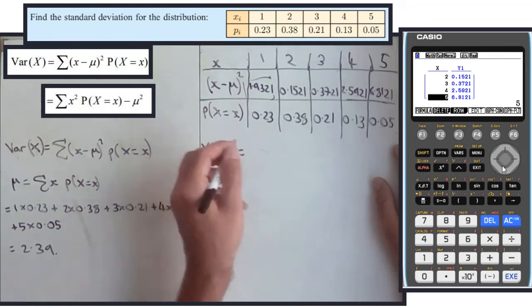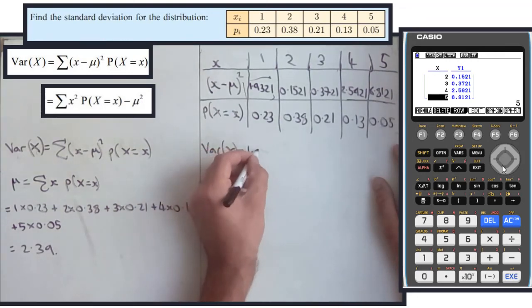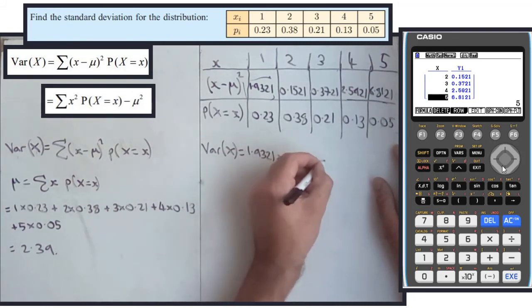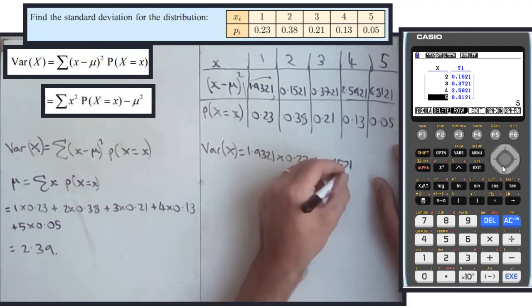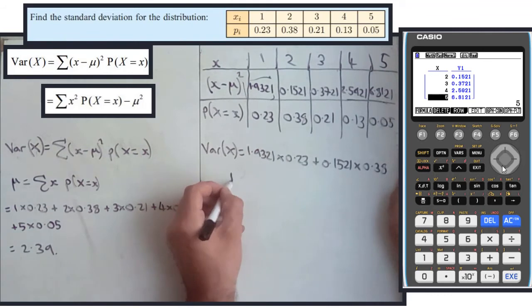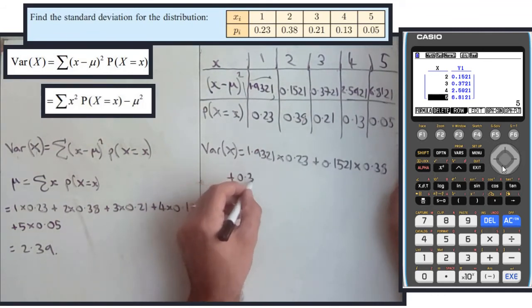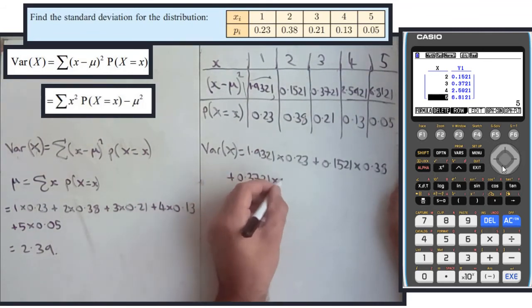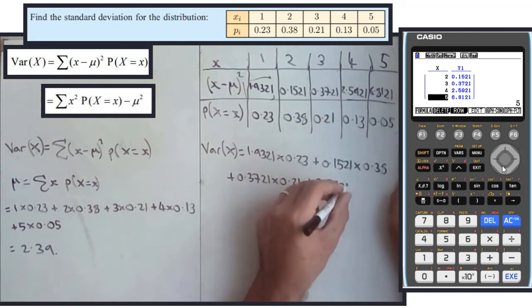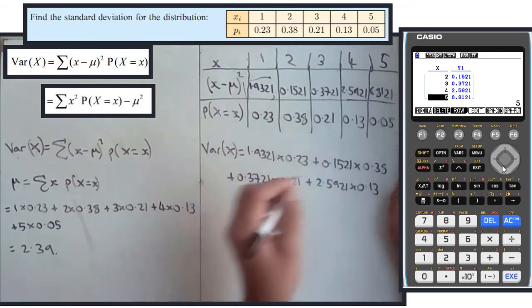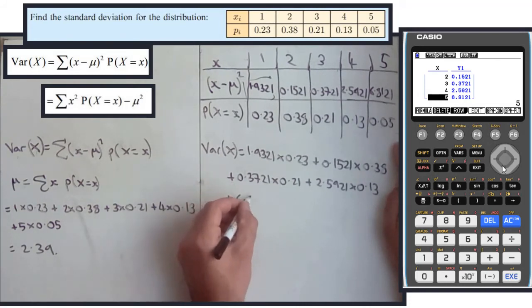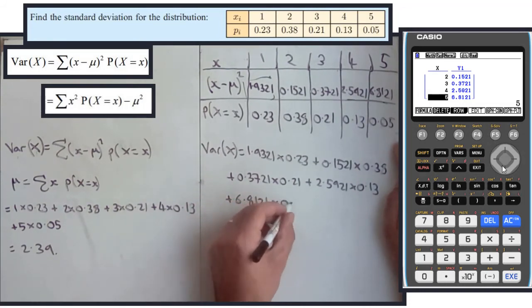Variance of x equals 1.9321 times 0.23 plus 0.1521 times 0.38 plus 0.3721 times 0.21 plus 2.5921 times 0.13 plus 6.8121 times 0.05.